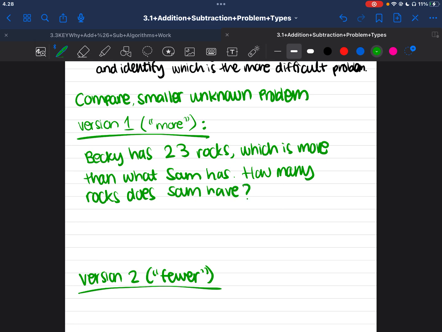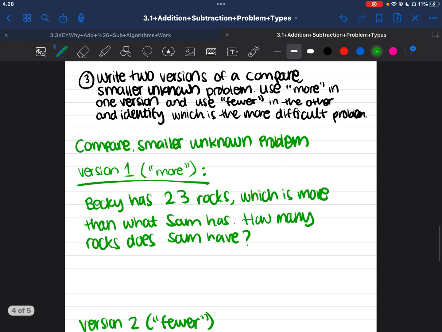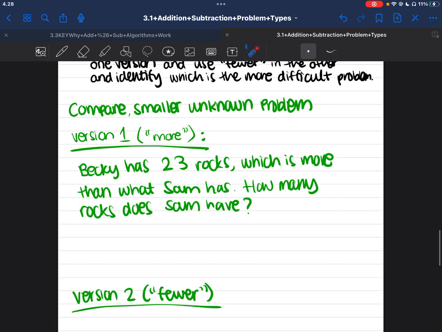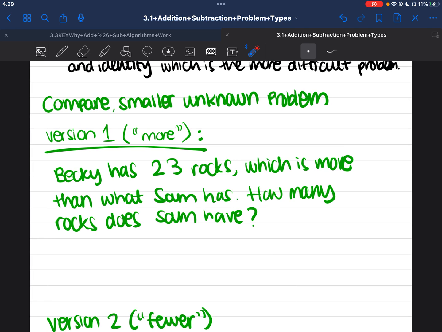Okay. So in the instructions, I wanted you guys to also think about the number sentence and the math drawing. First of all, this is a compare problem because we're comparing what two people have, right? That's the simplest thing about this. We know we're comparing Becky and Sam's collections of rocks. That's crazy, but okay.